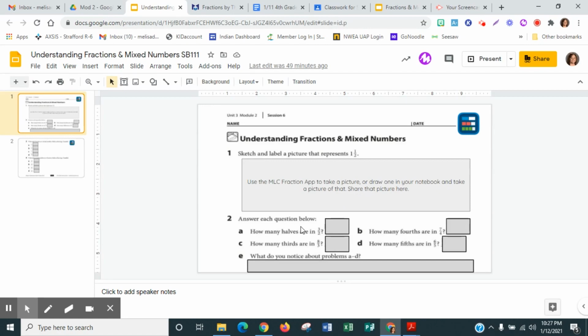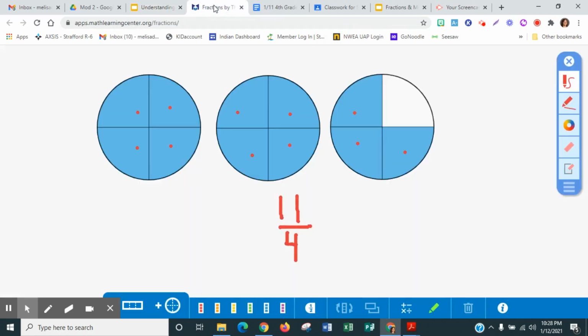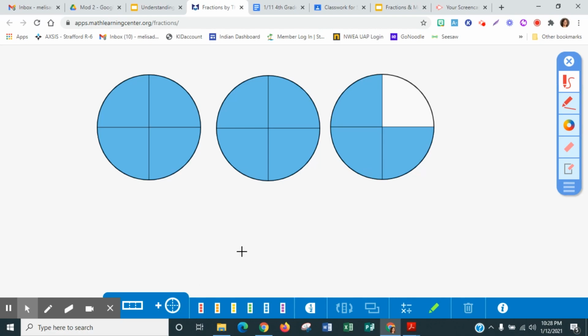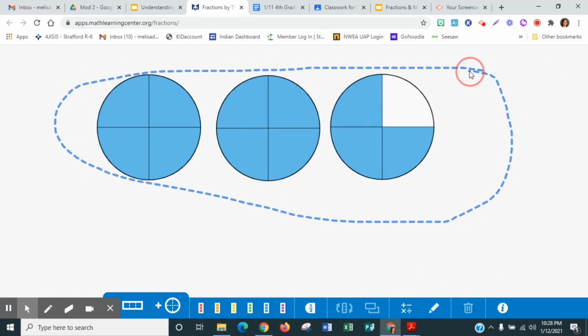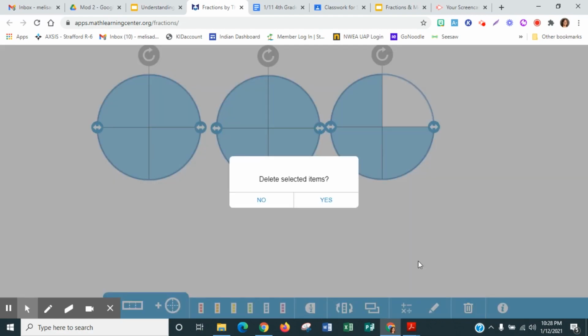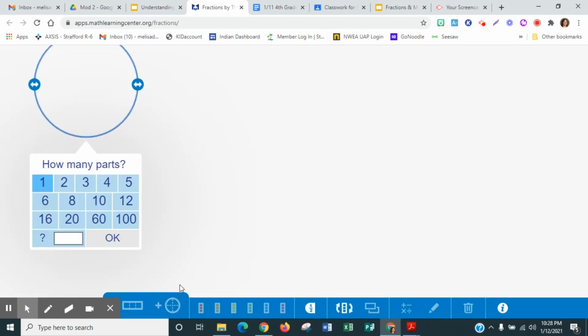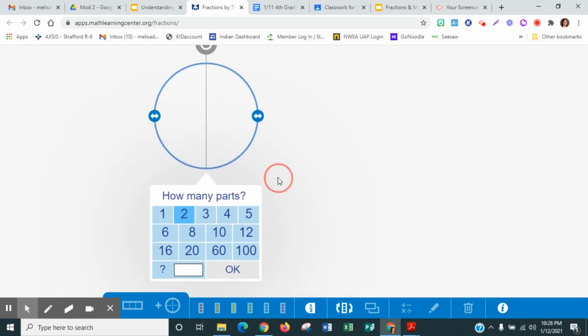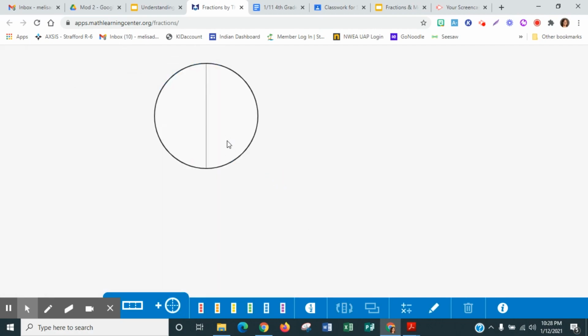Down here, answer each question below. How many halves are in 3 halves? So you would need to create 3 halves. So right there, there's 2 halves. You would need 3 halves.